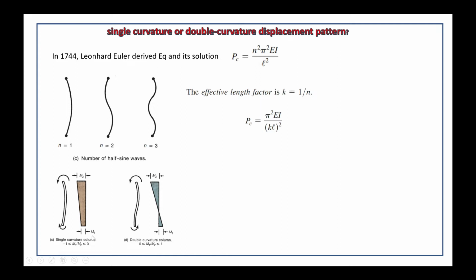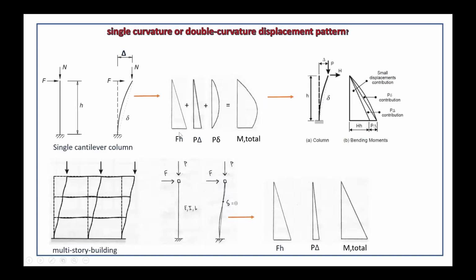And for the single curvature, we have only one side, M1 and M2. We will continue to discuss about this topic.